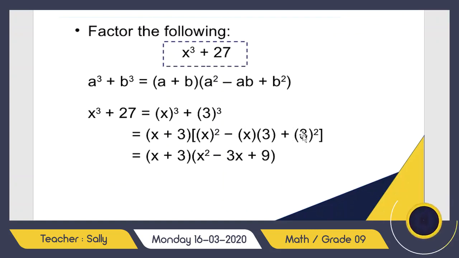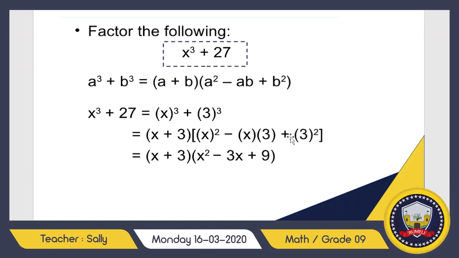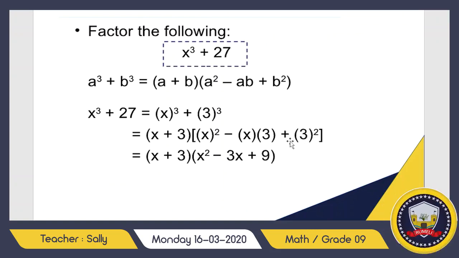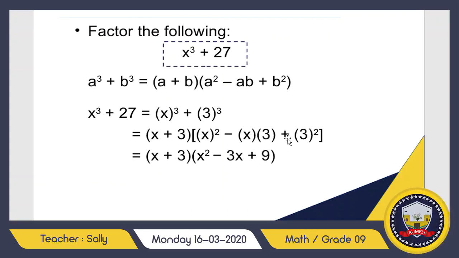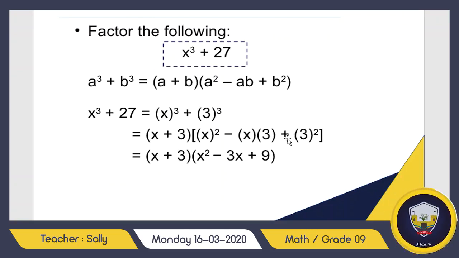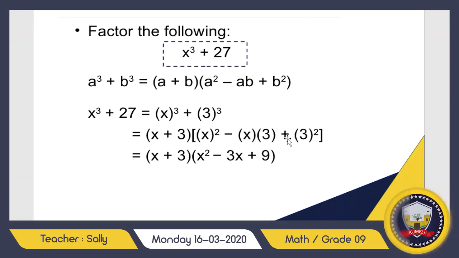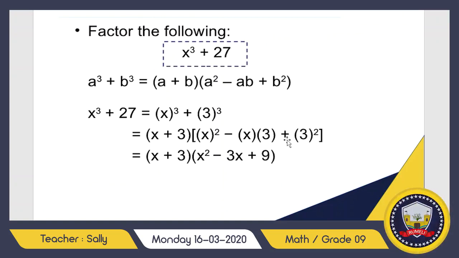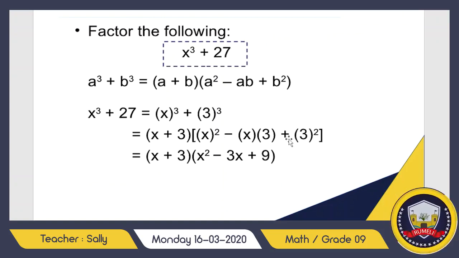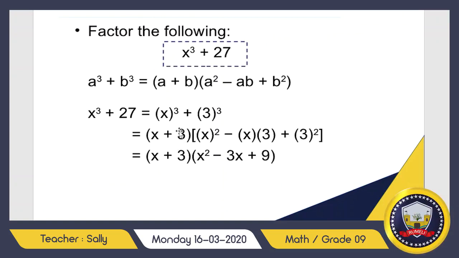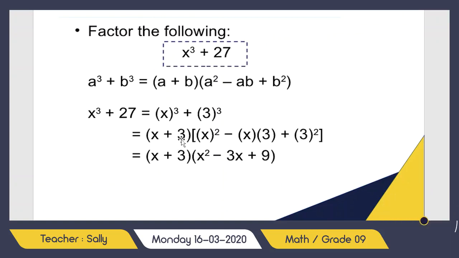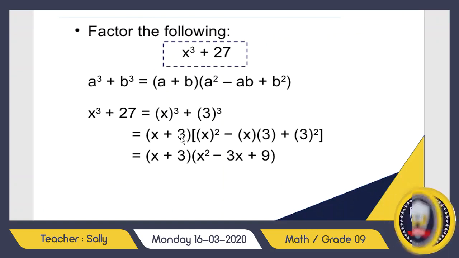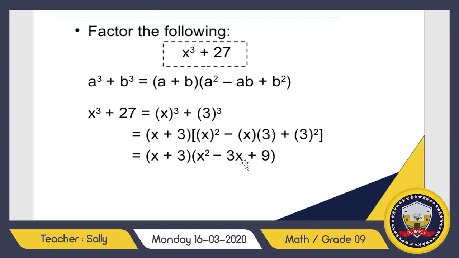The last term of the second bracket always has a positive sign. This is a rule, it always has a positive sign. And the last term is going to be the square of the second term of the first bracket. So 3 to the power of 2 is 9.